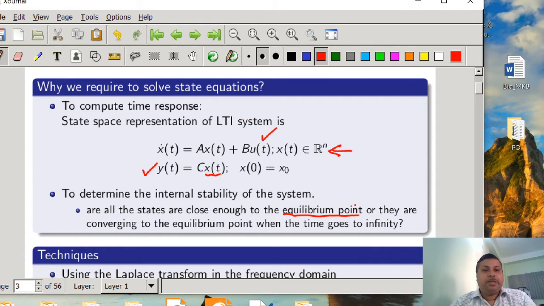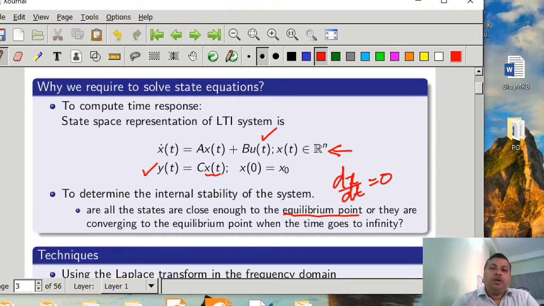What we mean is that if a system starts at the equilibrium point, there will be no dynamics; it will forever stay at that equilibrium point. And so, to compute the equilibrium point for an unforced system, we will make dx by dt equal to 0.